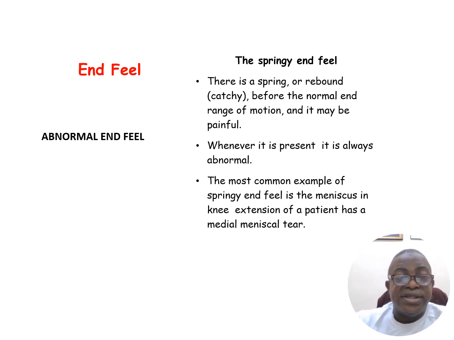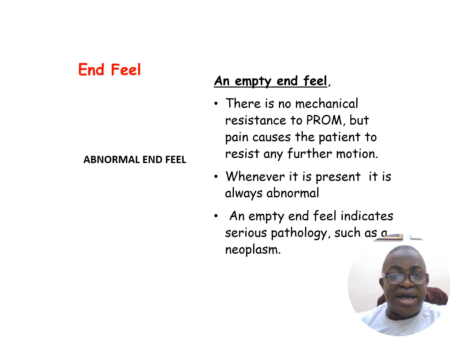And the most common example of springy end feel happens in meniscus lesion. If there's meniscus lesion and the therapist is attempting to put the knee into extension, patients automatically push back into the hand of the therapist in a springy manner. And that's an indication that there is a meniscal tear. So that's an abnormal end feel.